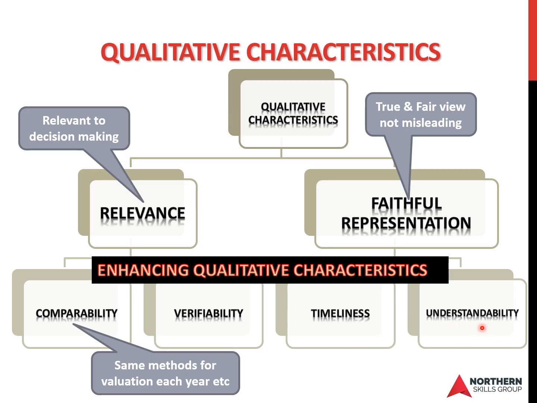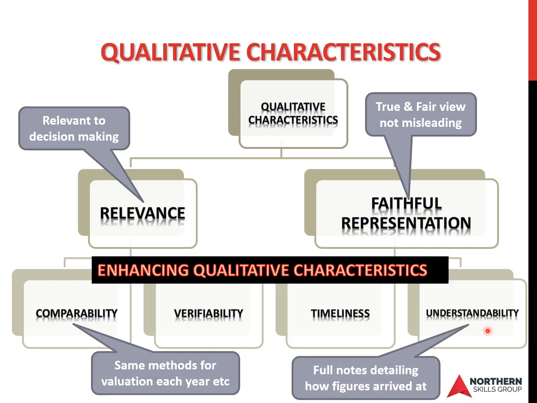And finally, they've got to be understandable, and that means that the figures have got to be supported by fairly detailed notes detailing how the figures have been arrived at. So you'll be told the method that's been used to value inventory, you'll be told the rates of depreciation used for working out the cost of benefits used up in the period, depreciation, and so on.